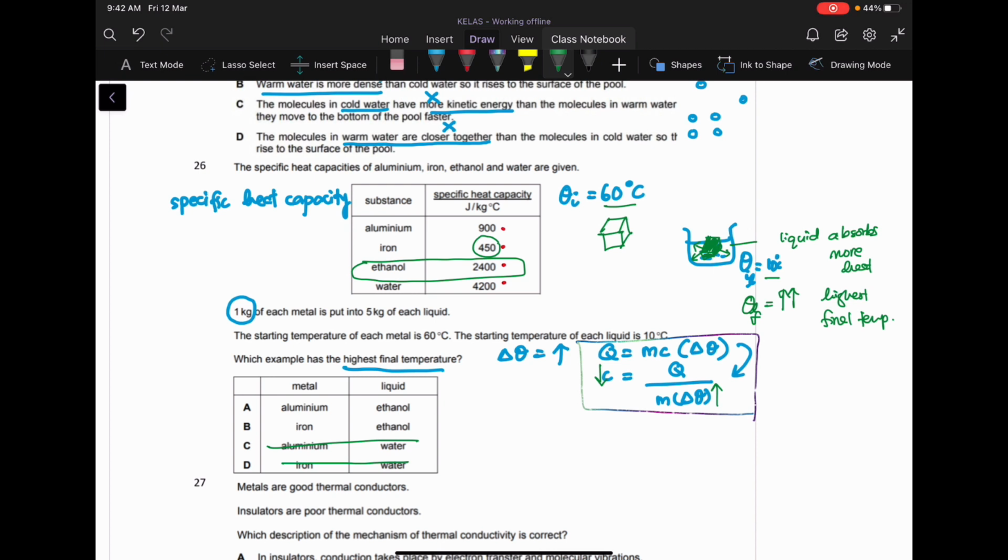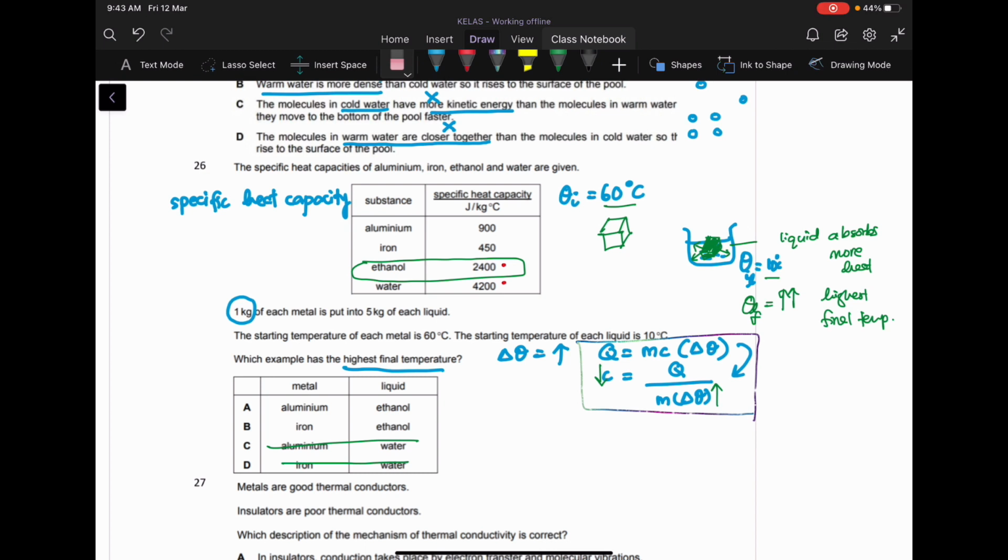Now, is it aluminium or iron? For this one, which object will have higher specific heat capacity? So for this one, we don't want to talk about the final temperature of the liquid. This one is a bit tricky.